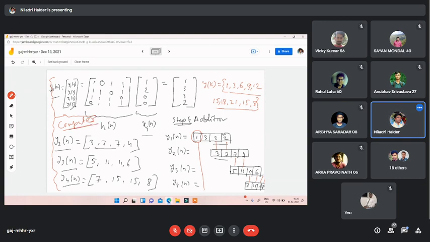In that computer, whatever algorithm I have told you, the overlap add method and overlap save method, if you write that algorithm in a code format, then any type of frequency response using DFT can be calculated by these two algorithms.